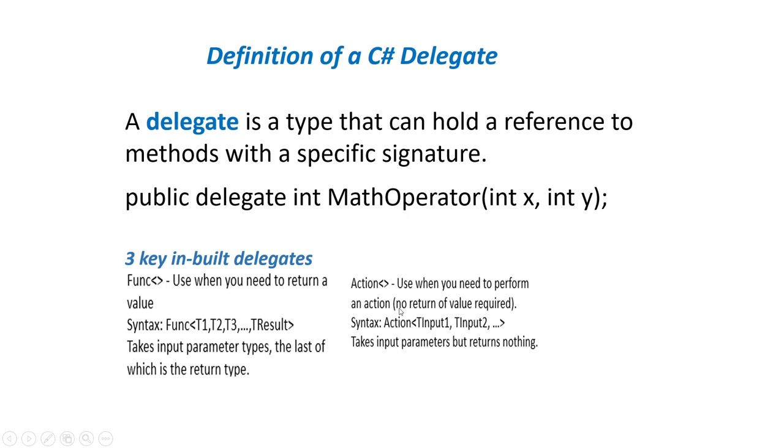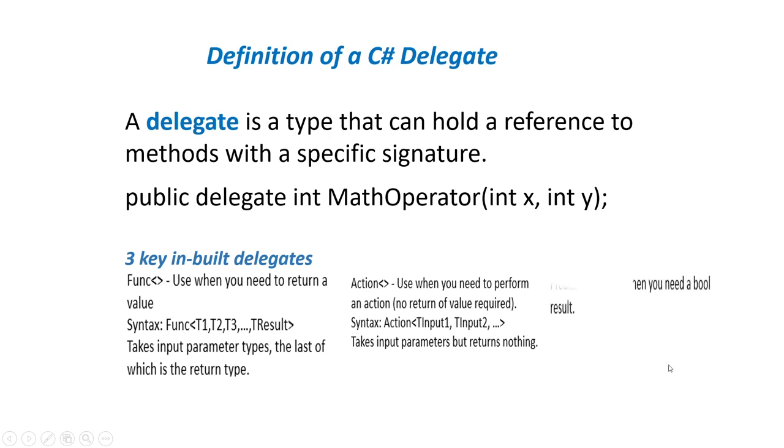No value is expected to be returned. So if you want, for instance, to take some inputs and just print them out, then you take the inputs and you print them, and that's it. You are not returning anything back to the program at all. So the Action delegate becomes the ideal one to do that.